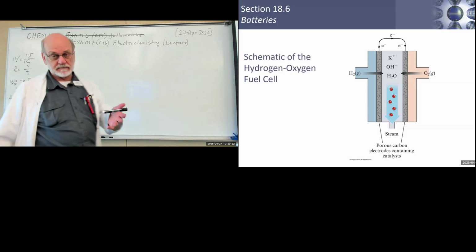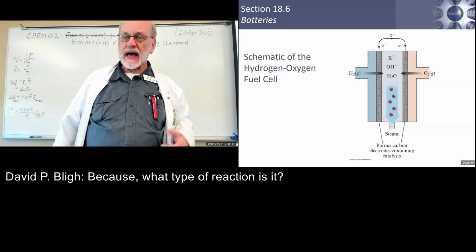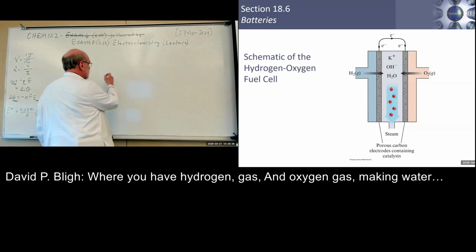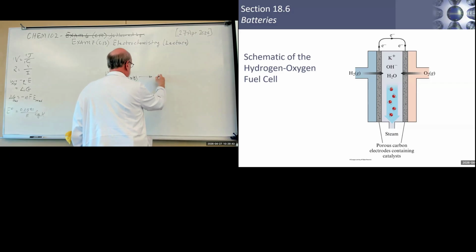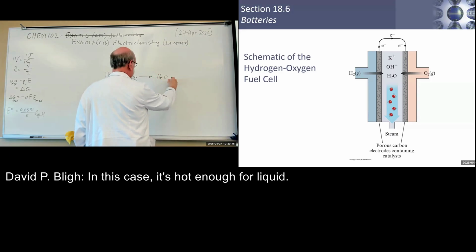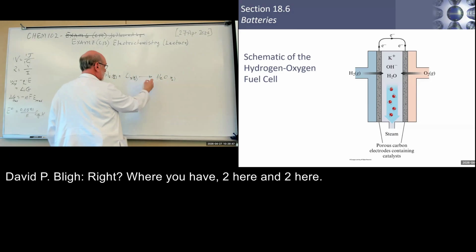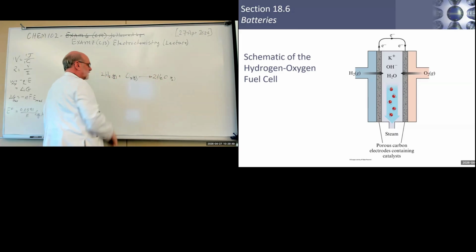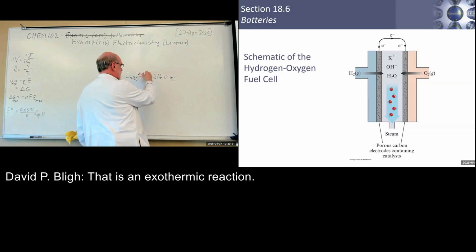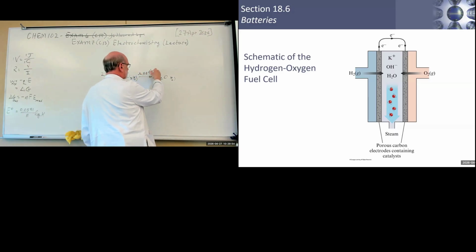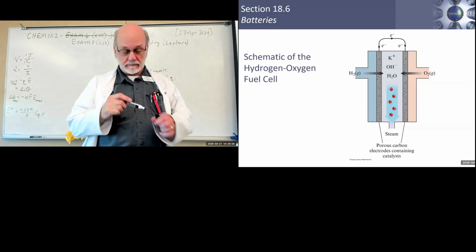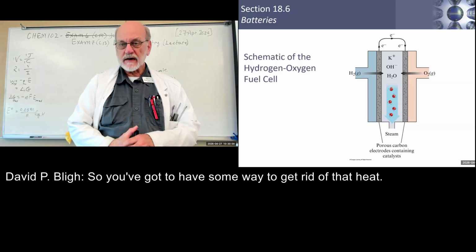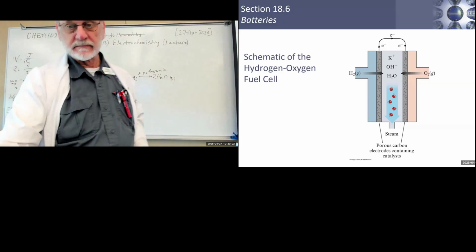And that makes sense because what type of reaction is it where you have hydrogen gas and oxygen gas making water? In this case, it's hot enough for liquid, right? Where you have two here and two here. That is an exothermic reaction. It gives off a lot of heat. So you've got to have some way to get rid of that heat.